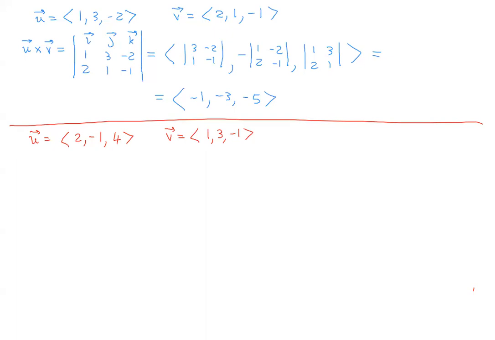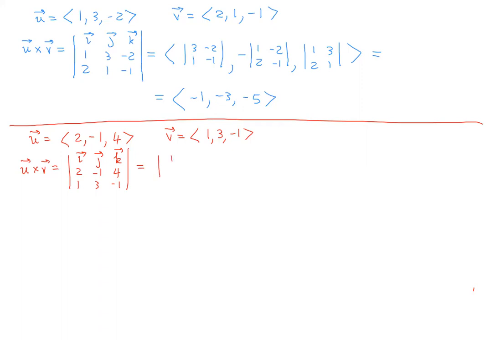Okay, so let's see how it's done. So u cross v is going to be i, j, k, and then you will have 2, negative 1, 4, and 1, 3, negative 1. If you want me to do this computation by using i, j, k, it will be: delete first row and first column.